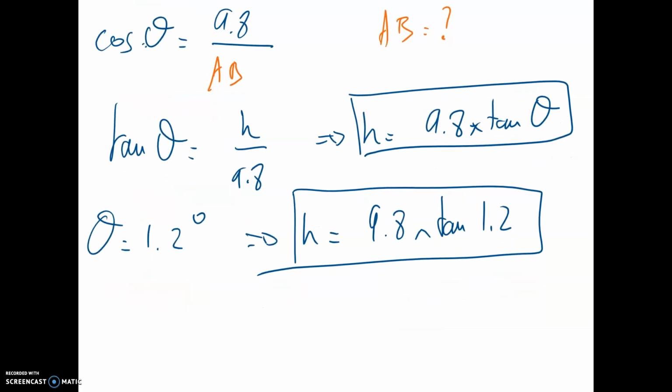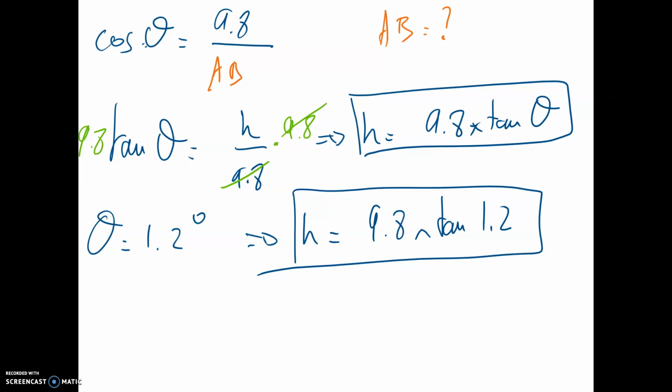Because when you are doing the tangent, you get rid of the problem of having to know the hypotenuse, and you know the tangent is equal to the opposite side divided by the adjacent side. In that case, h divided by 9.8. So you can multiply by 9.8 both sides to divide out 9.8 on the right side of your equation, and now you got h equals 9.8 tangent theta.